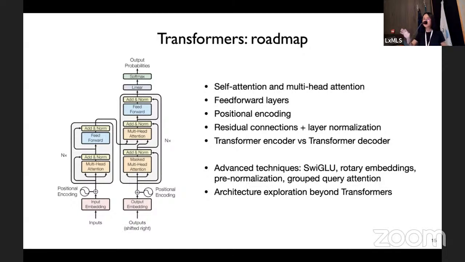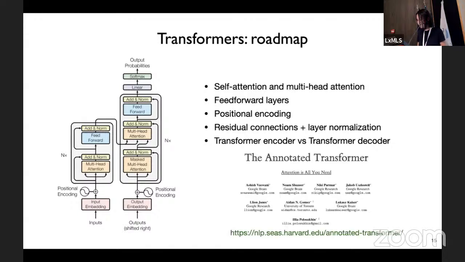Because these are really the backbone, most of these modifications have already been adopted in all the new models, at least all the open-source models that we know. And finally, I will also talk about some architecture exploration beyond transformers, but not in too much depth.